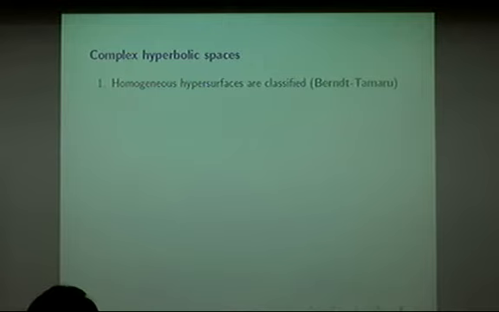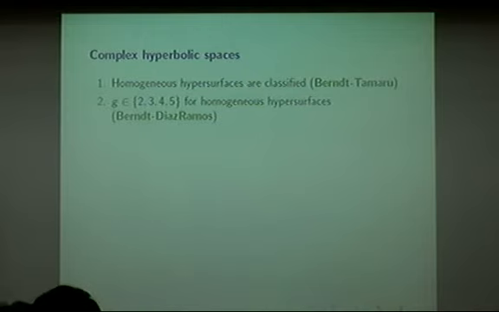It's actually quite a long list. So they're all known. And one can calculate the number of distinct principal curvatures, and the numbers arising here are 2, 3, 4, and 5. So again, it's restricted. It's not clear to me why.